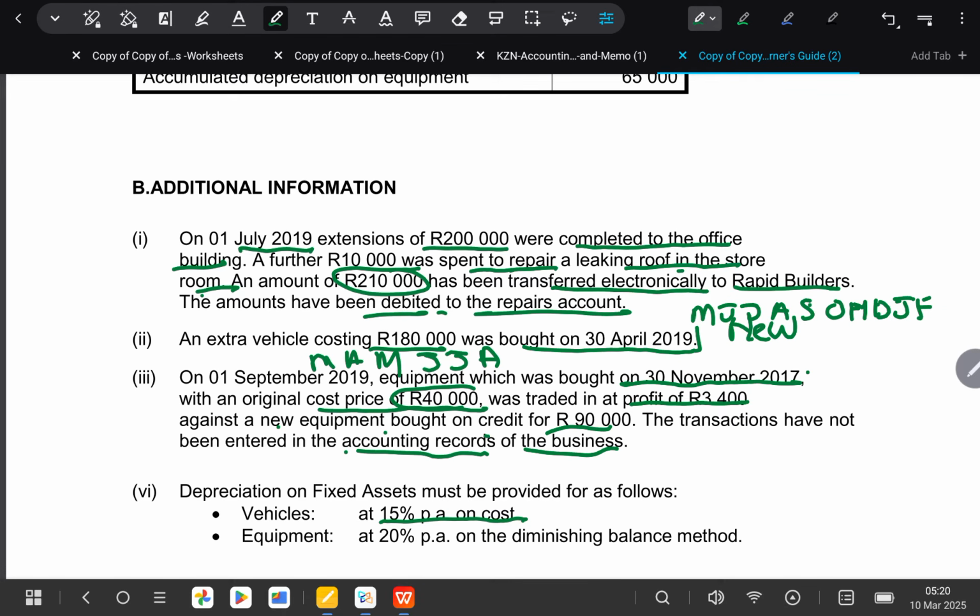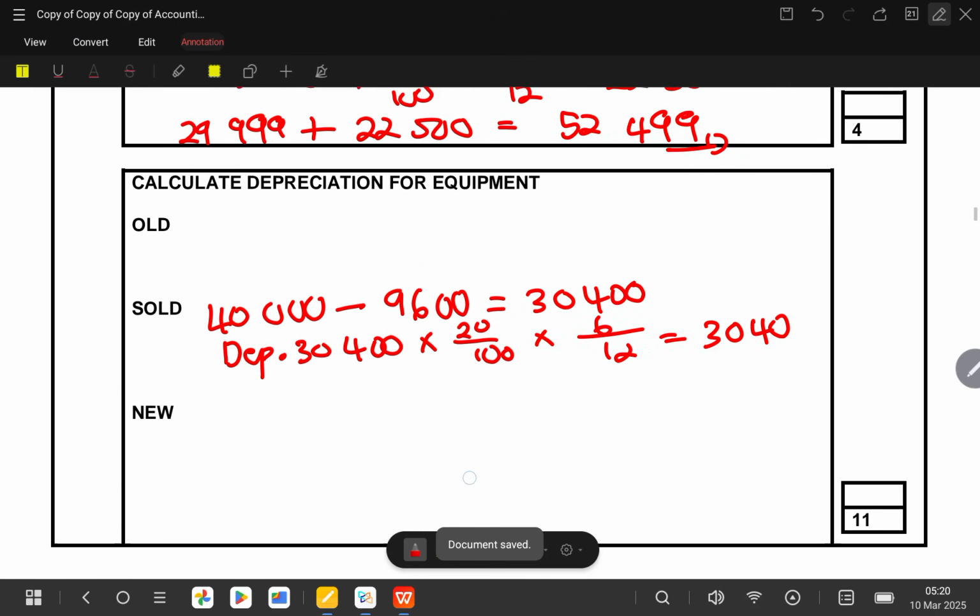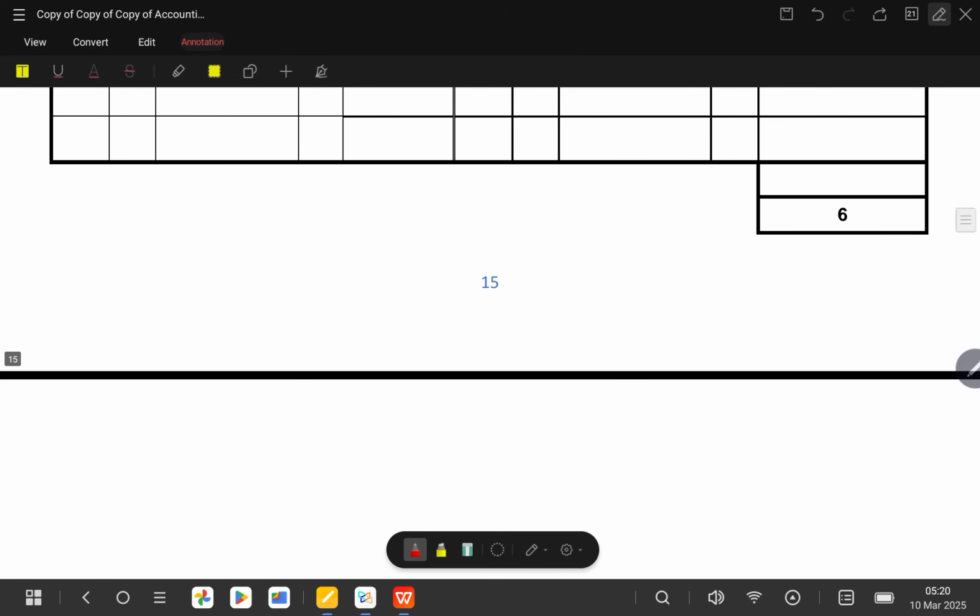So which means that we are going to have 90,000. I'll show you how to record it. So it means that we are going to have 90,000 on the addition at cost.